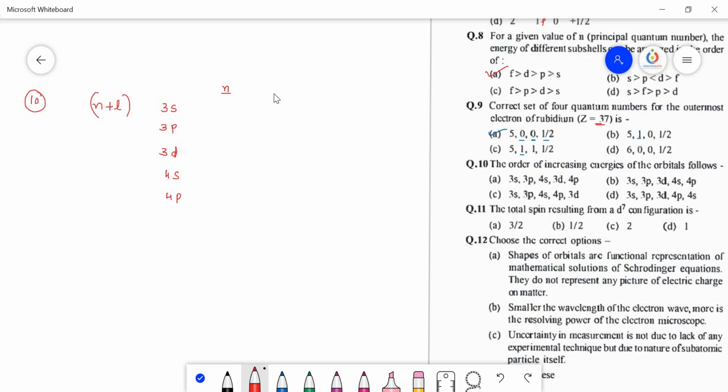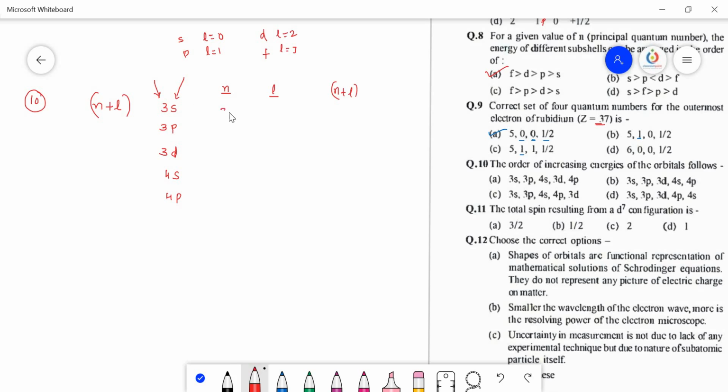Let's write down the n value, L value and n plus L value. The starting number is the n value, and this is the L value. For s orbital, L equals 0, L equals 1 means p orbital, L equals 2 means d orbital, L equals 3 means f orbital.